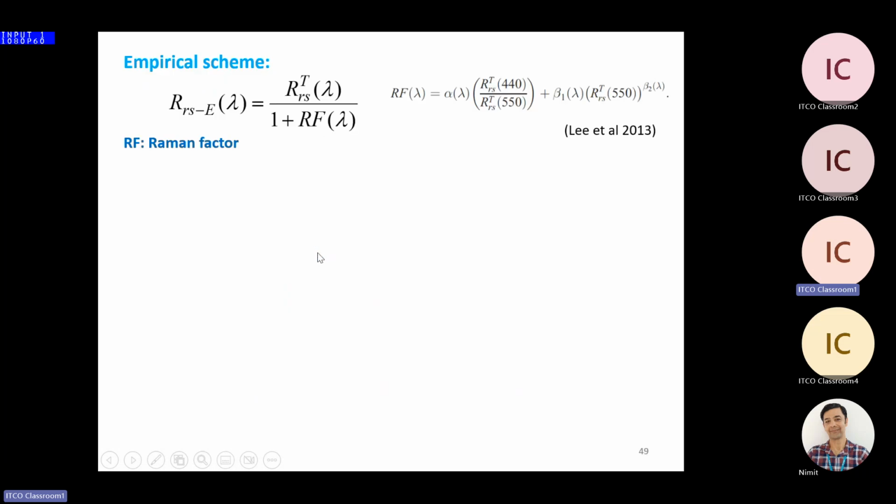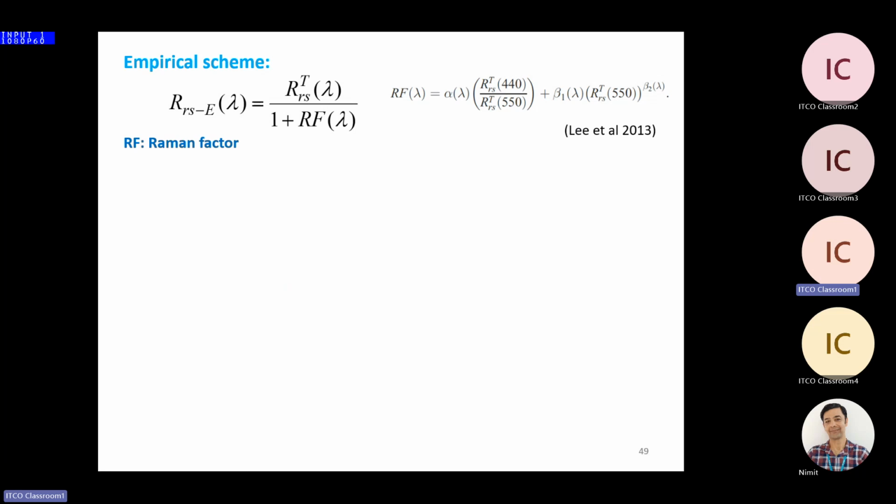Another, simpler approach is to calculate this total. This is called the Raman factor, and the Raman factor is related to the water properties and to the total Rrs. So when we have this alpha and beta 1, beta 2, then we can get this Raman factor, put it in, and the Raman contribution can be removed.